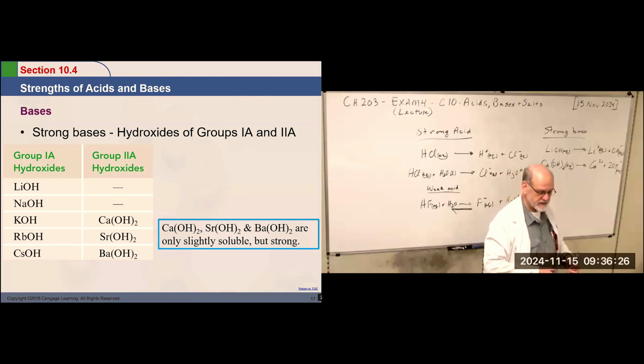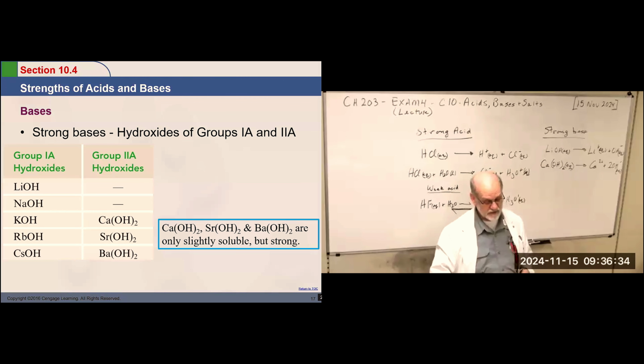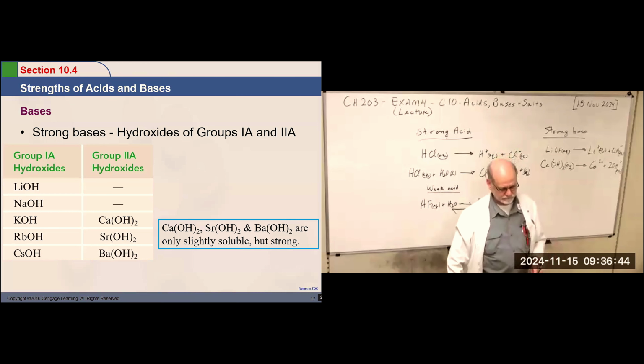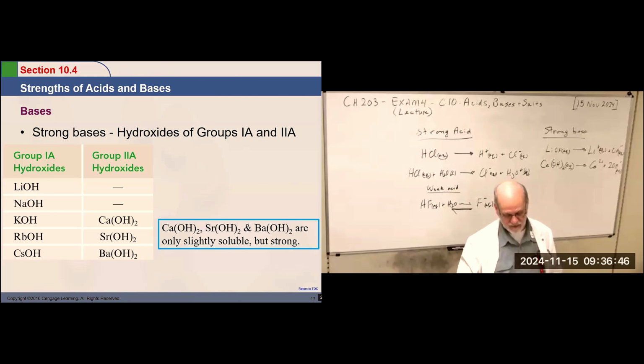But in order to get a corrosive solution, you'd have to boost the solubility up as high as you can. That means you put a lot of this and have a lot of it sitting on the bottom of your beaker, saturate the solution. Plus, if you want to get more of it in solution, you heat it up. All right, so that's another example of chemical definition of strong versus weak.